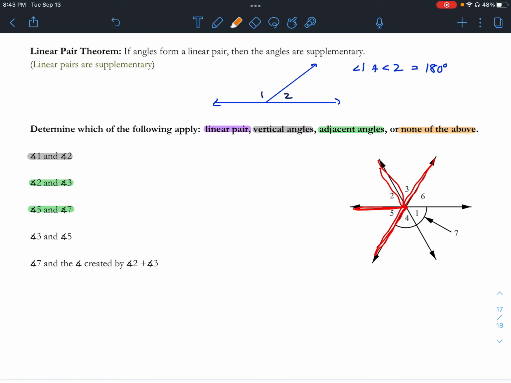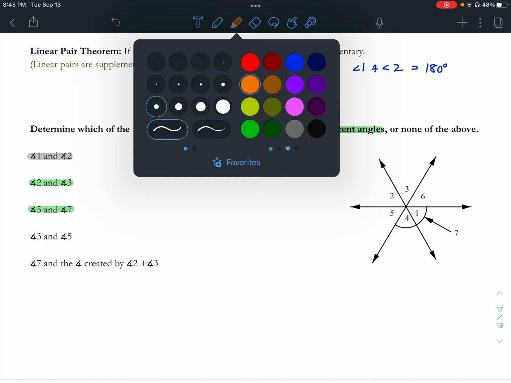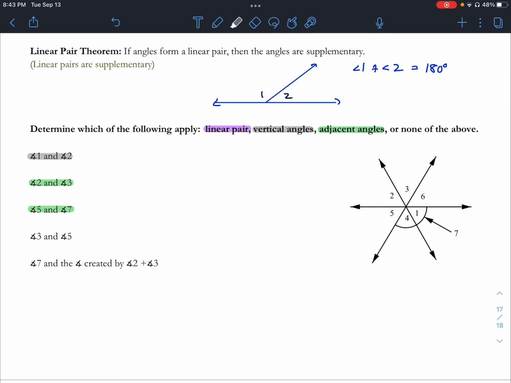Angles 5 and 3 are offset a little bit. In a linear pair, it looks like we're missing out on angle number 2 if we really wanted to complete that extra piece of pizza there. So I will go ahead and highlight that as orange.